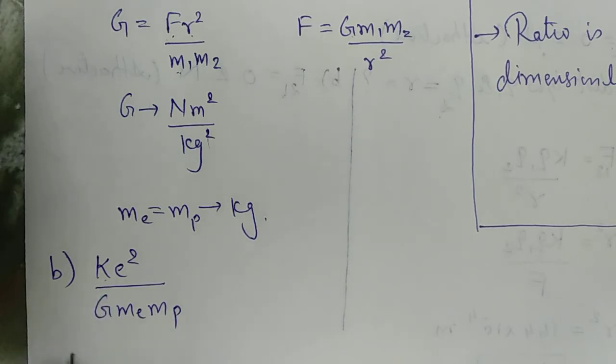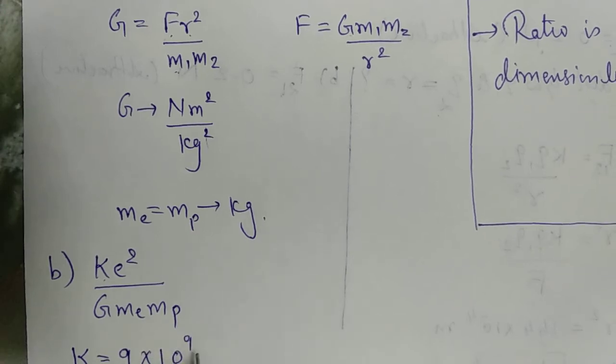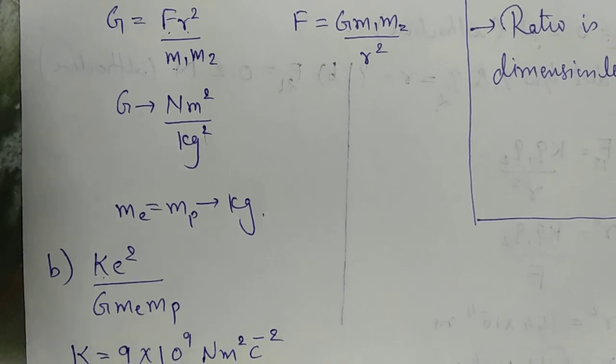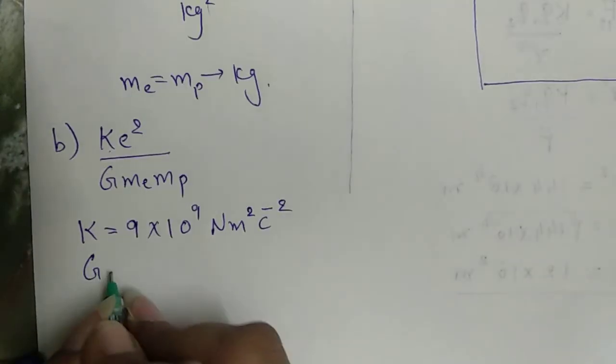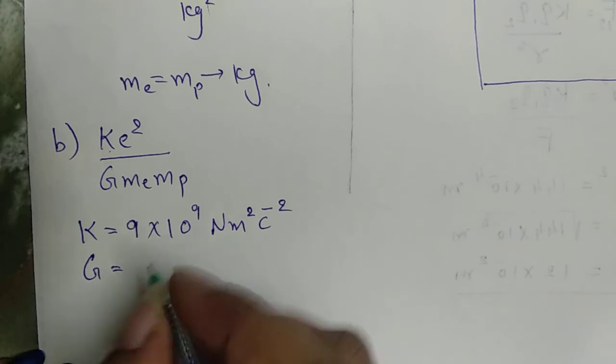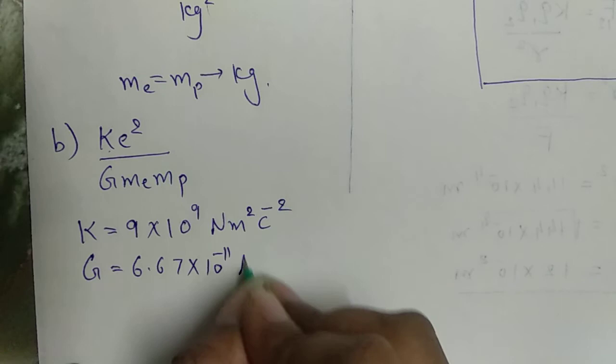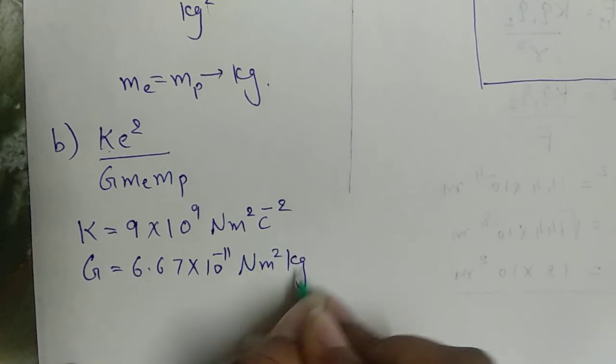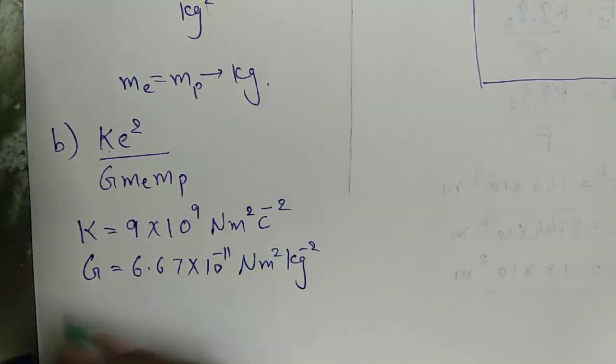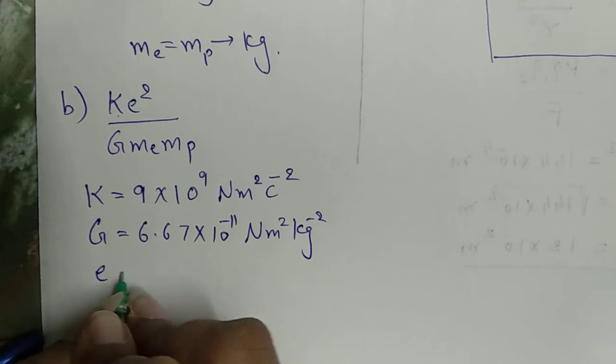Now what is the value of k? This is Coulomb's constant. It is 9 into 10 raised to 9 Newton meter square into Coulomb raised to -2. The value of the universal gravitational constant is 6.67 into 10 raised to -11 Newton meter square upon kg square.